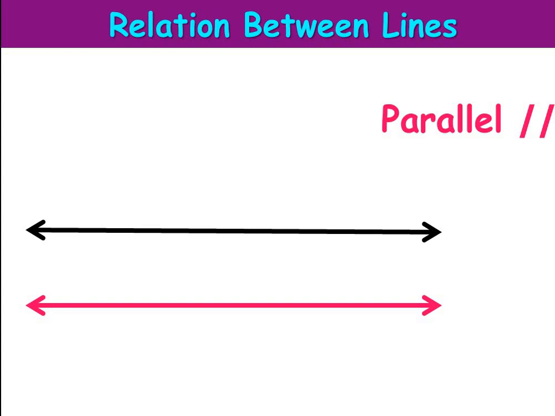Here we use the straight line, not the line segment and ray, in order to refer to the different relationships. So the first relationship is the parallel relationship. We say that the relationship between the black straight line and the pink one is a parallel relationship, or they are parallel to each other. Parallel means that they never intersect in a point.